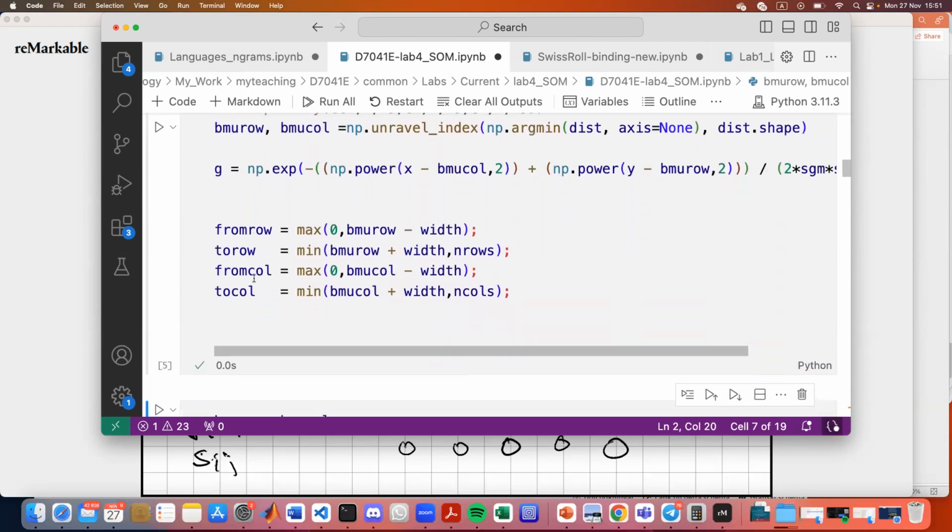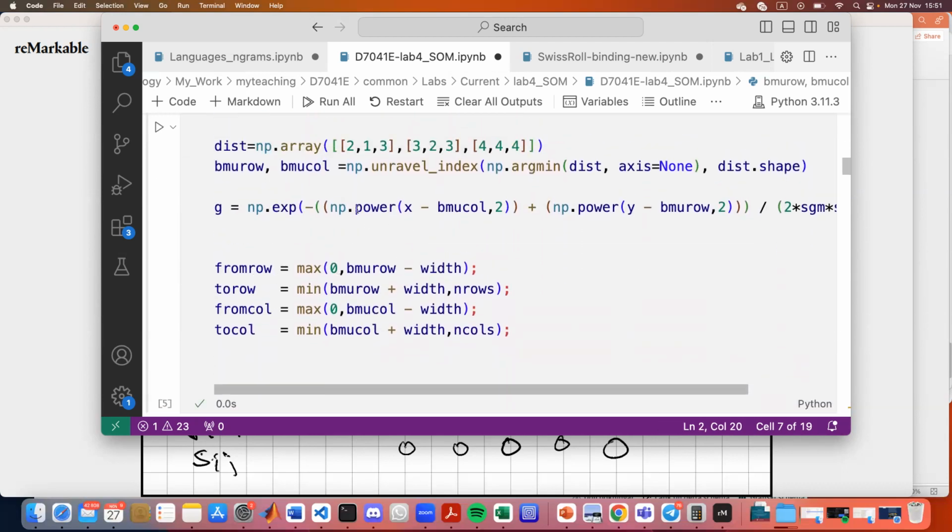So what you do here, you compute the distance. So this is your Sij. So you square the difference of the first coordinate plus the difference of the second coordinate.